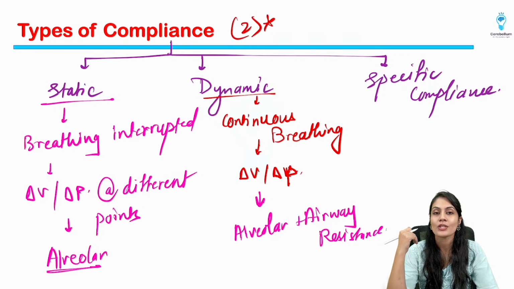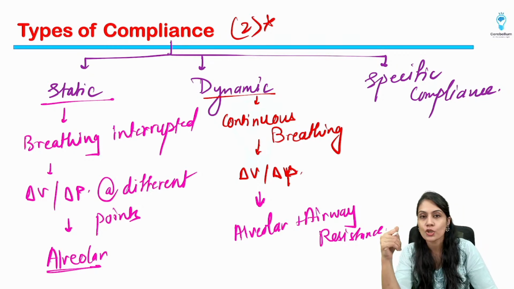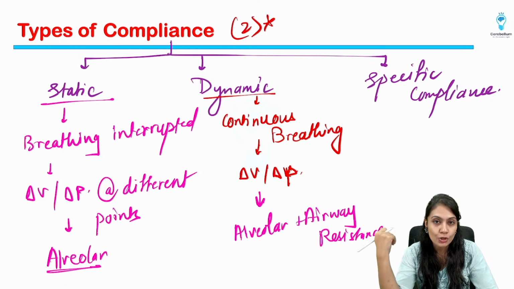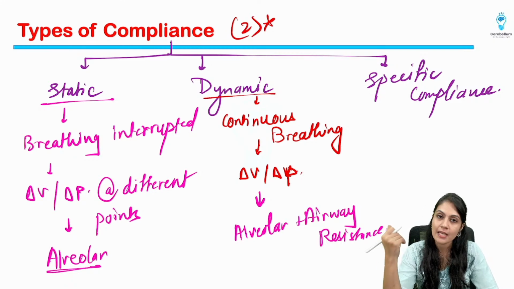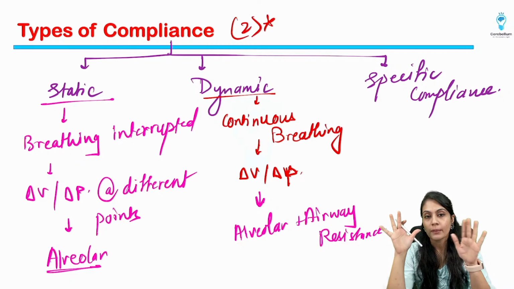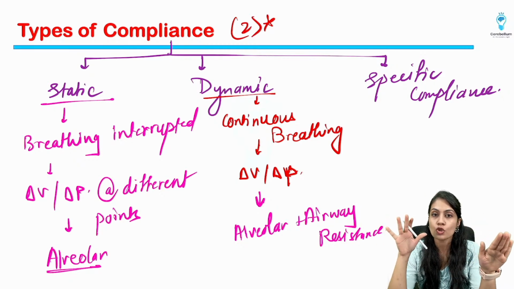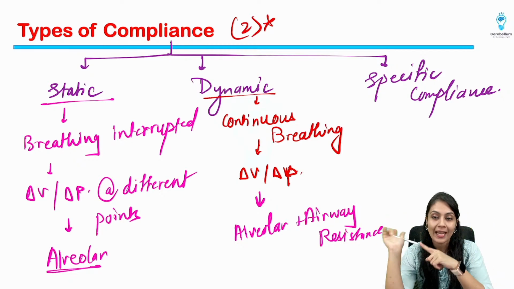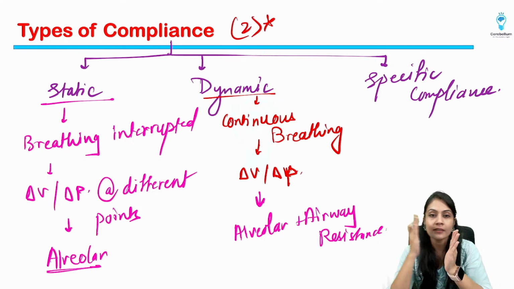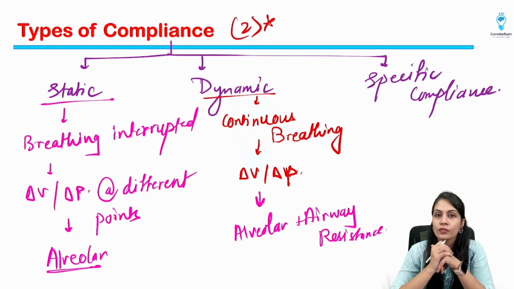That means you're going to see less volume change per unit change in pressure in the dynamic case as compared to the static one. Remember, in a healthy person the difference is not too much, but because of the airway resistance, static compliance is a little more than dynamic compliance.